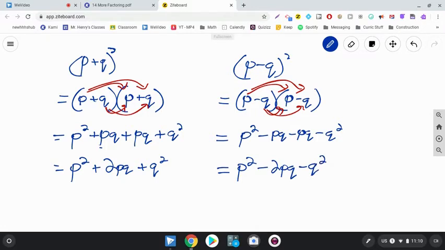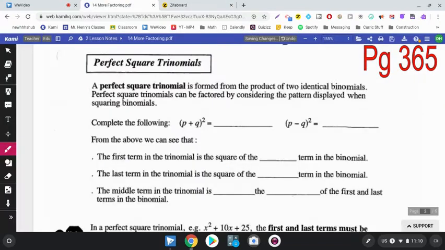And we'll jump back to our workbook, and we'll talk about where those come from. Okay, p squared plus 2pq plus q squared. And then the other one was p squared minus 2pq plus q squared. Okay, so what we're looking at is some patterns or some ideas that I could pull from a perfect square trinomial.